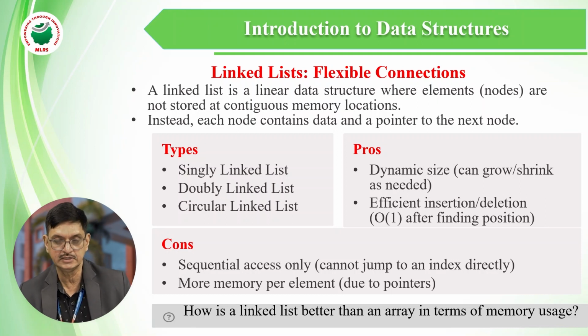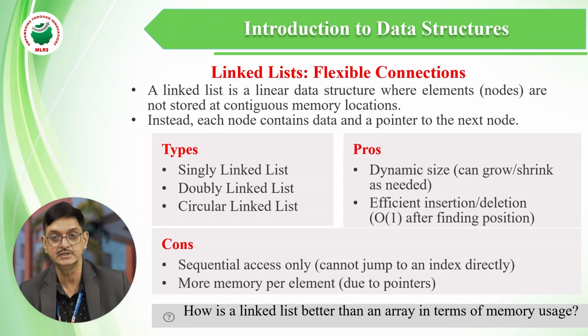For example, a linked list is a linear data structure where elements are not stored at continuous memory locations, but all are occupied in a valid sequence. Each node contains data and a pointer to the next node. Through the data and the pointer to the next node, we can maintain continuity.